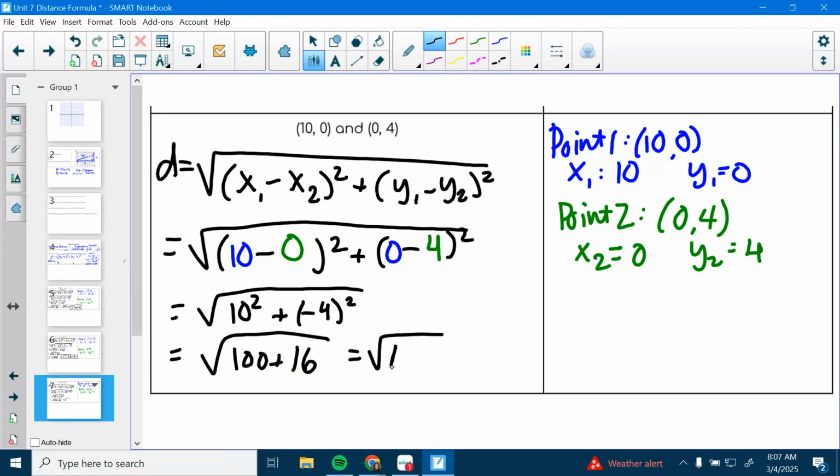So I get the square root of 116. I do that in my calculator. And I get that the distance is approximately 10.7 units.